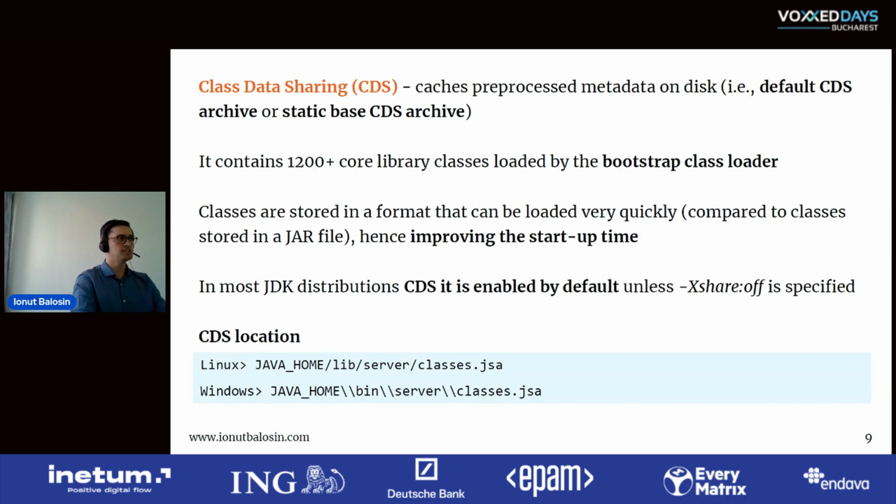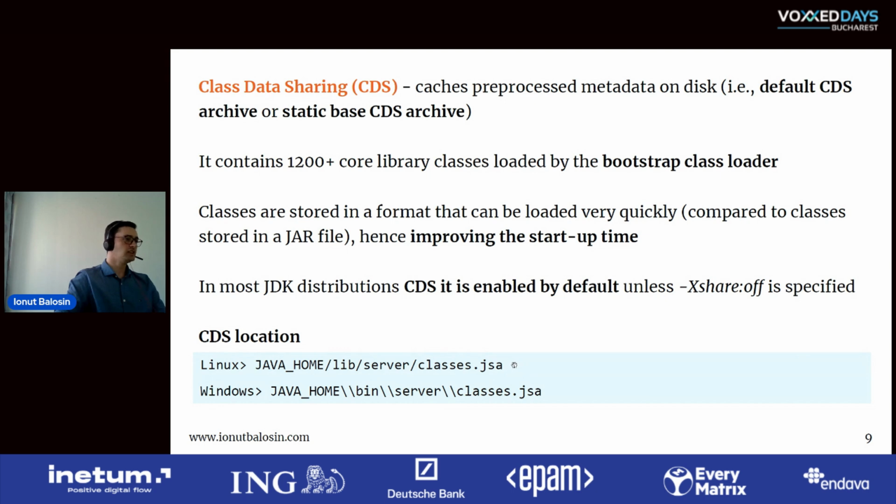So basically, in the CDS archive, you have only core library classes, like for example java.lang, all these classes which are loaded by the Bootstrap class loader, not any other class. So only these classes in total, if you count them, there are more than 1,200 classes. Such classes are in this archive.